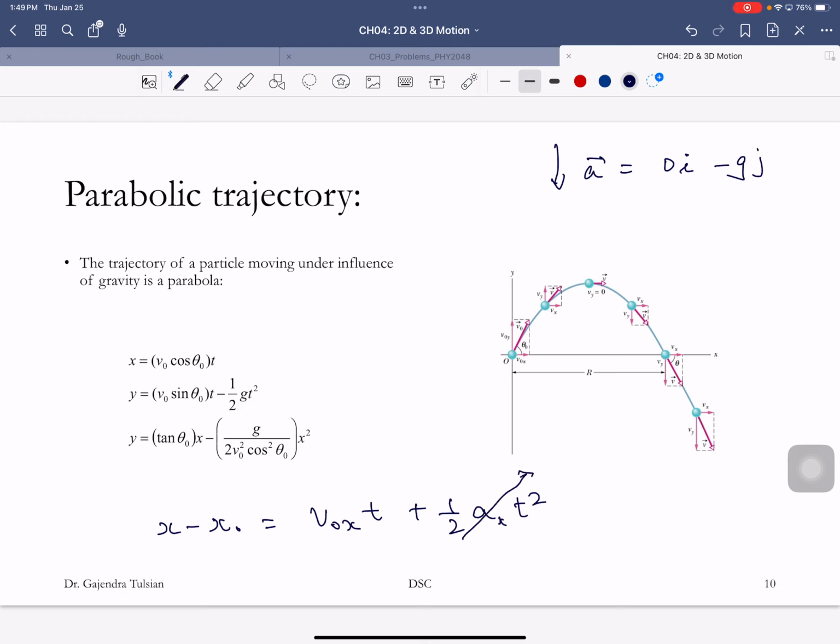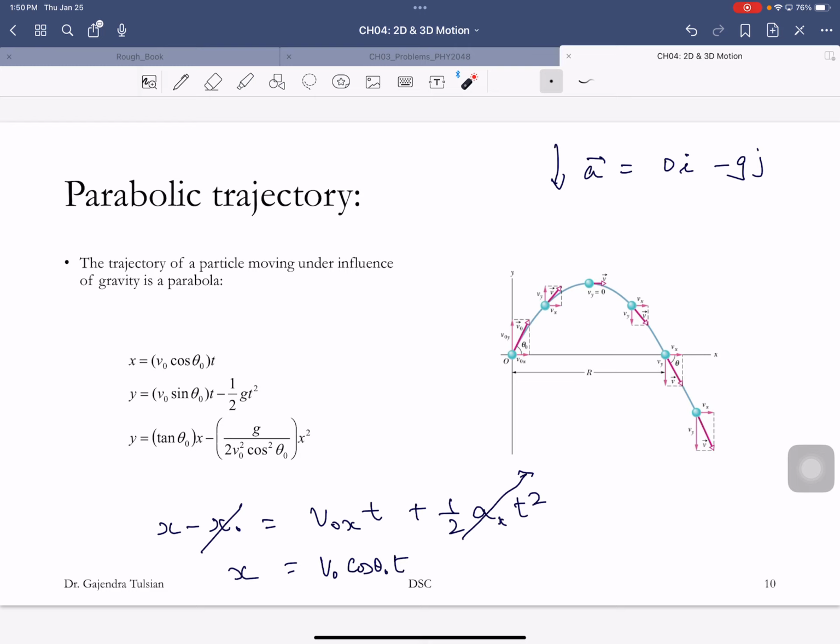We'll say that you're launching at the origin, so this term is 0. V naught x, the initial x component of the velocity, is the initial speed times cosine of the launch angle, times t. So there is the x position of this projectile after time t.